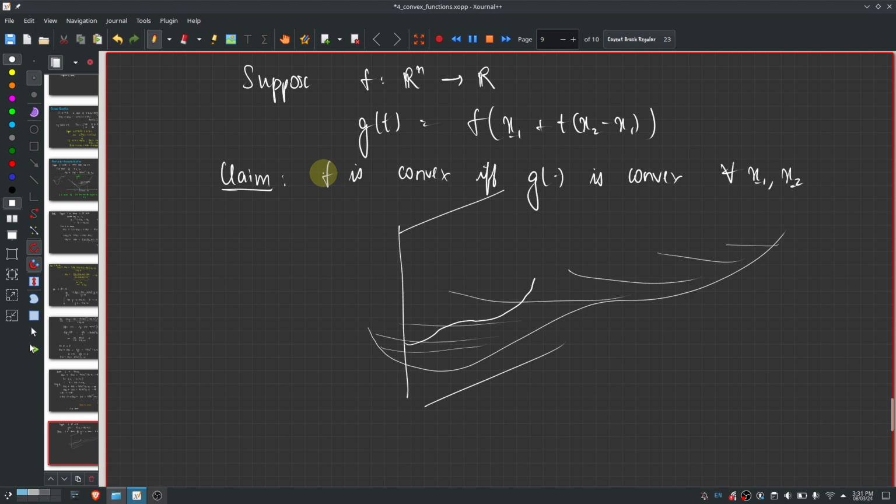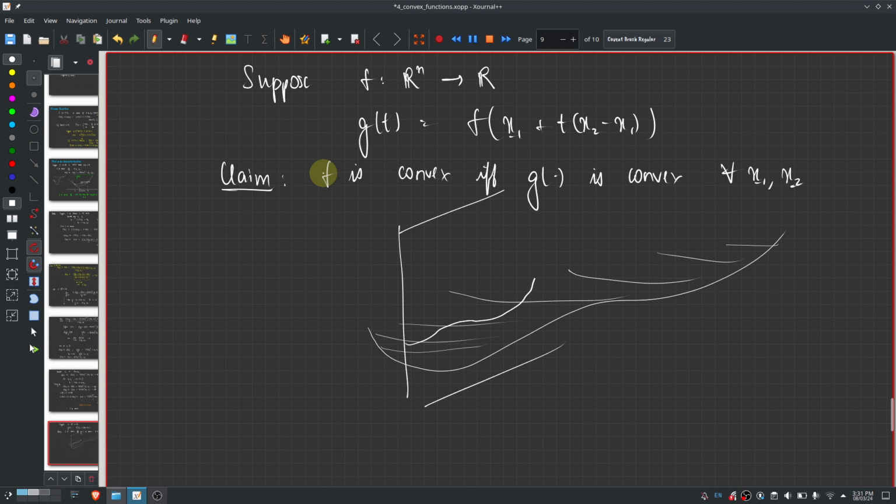So now take the intersection of this plane and the surface. It's a 3D surface, but you're looking at a 2D representation of it, so you'll get some sort of curve. Now if this one-dimensional curve that you get is a convex function, no matter how you choose and orient the plane, you will always get a one-dimensional convex curve, then the original surface is convex.